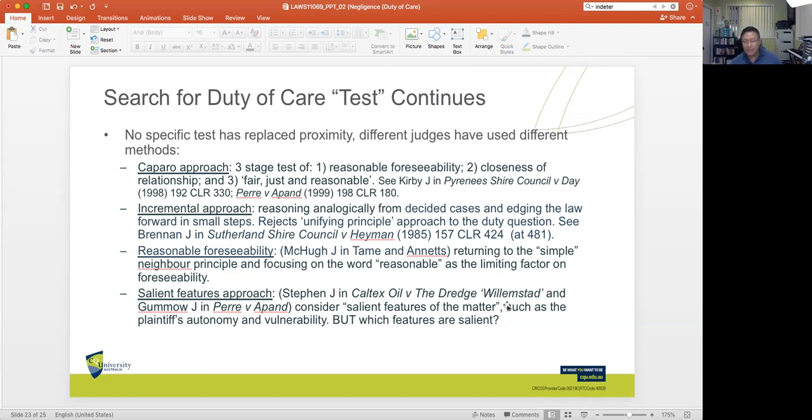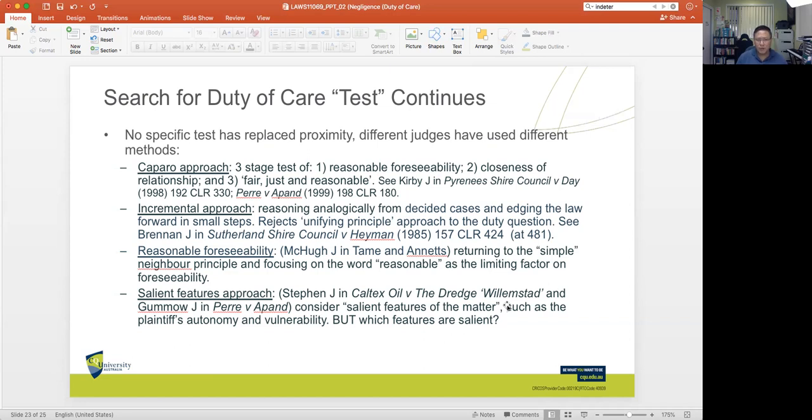It will be easy to argue that it will not be fair, just, and reasonable, because otherwise the local council will have its hands tied and its budget tied in trying to avoid that these losses eventuate.